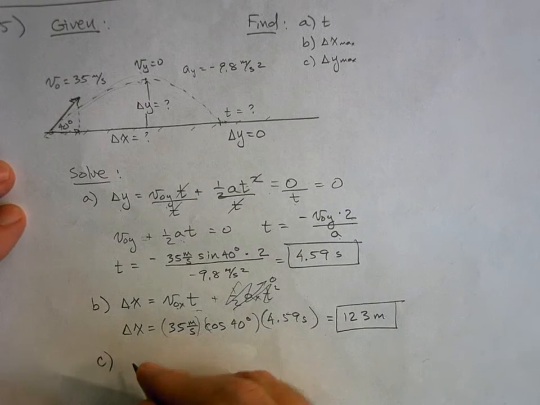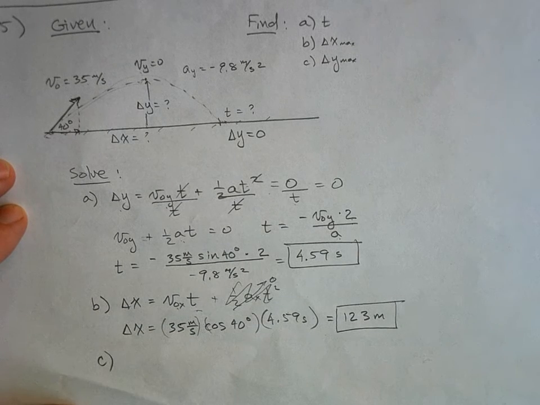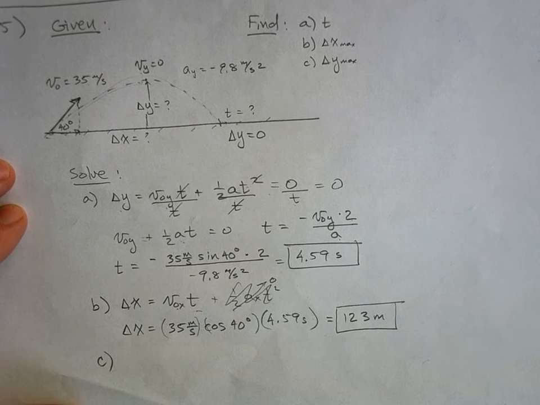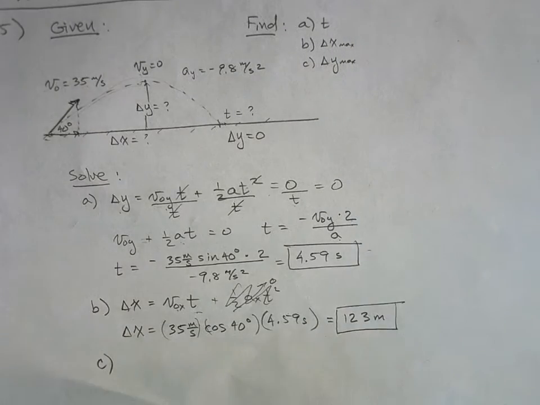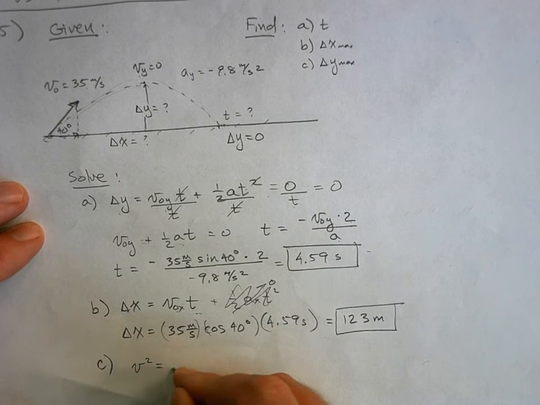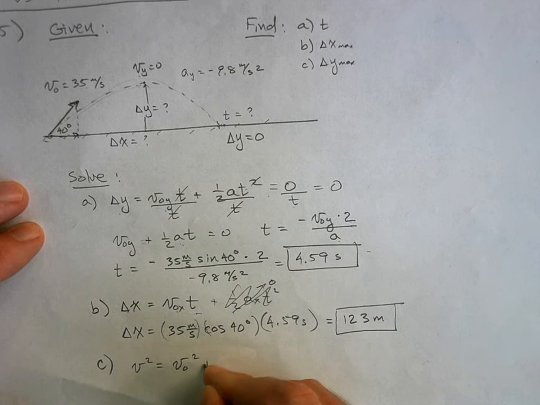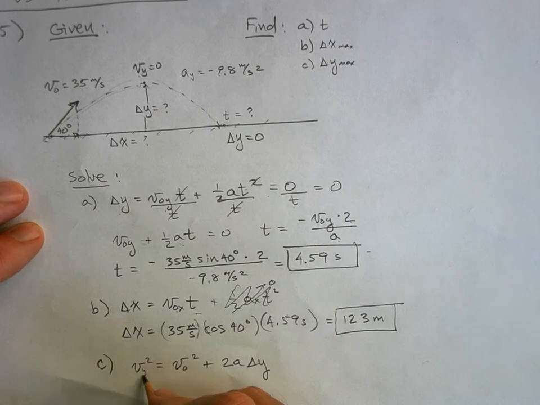And so now I can use the second kinematic equation, or actually I could use the fourth. I'm going to use the fourth kinematic equation because I don't know what time is. And, well, I mean, I do know what time is, but I don't want to use it because what if I made a mistake? So if you have v squared equals v naught squared plus 2a delta y. Of course, these are all in the y direction only.